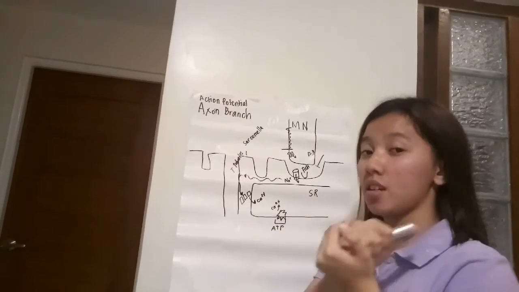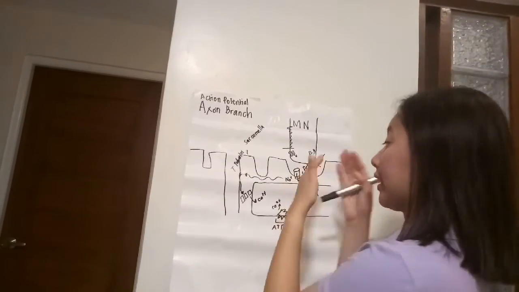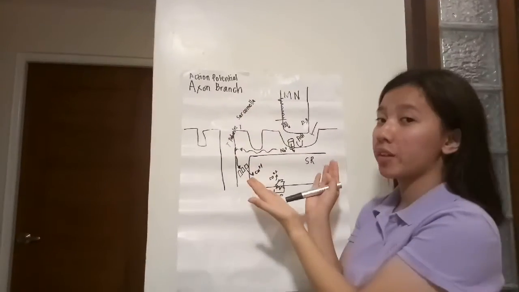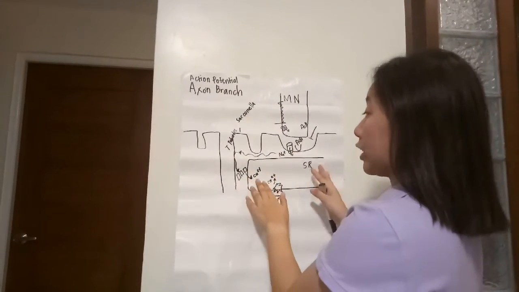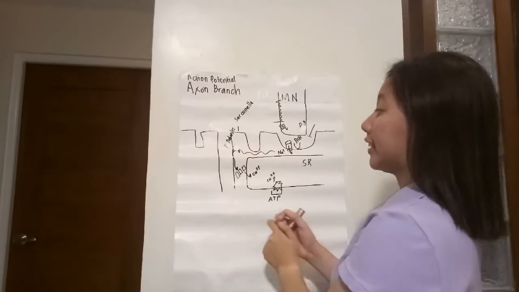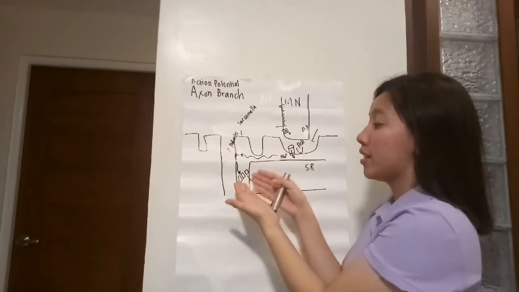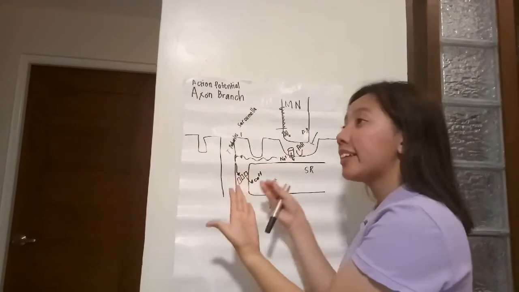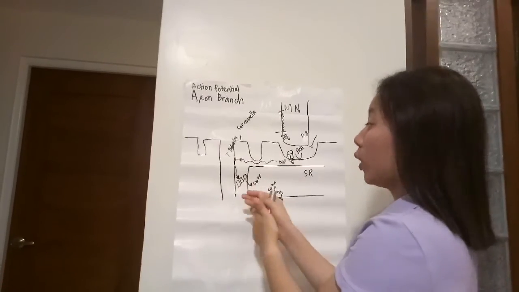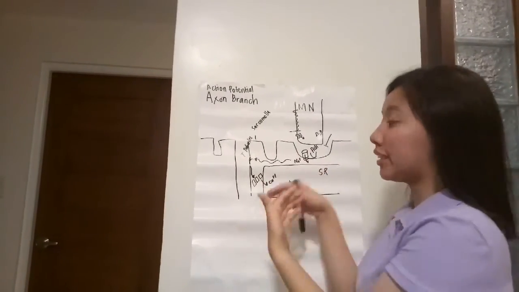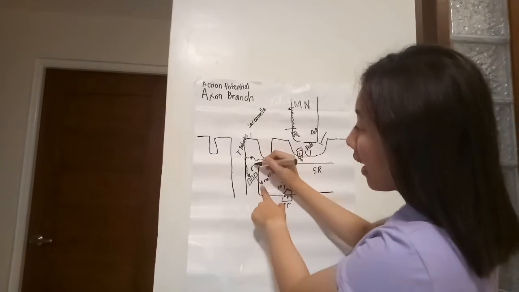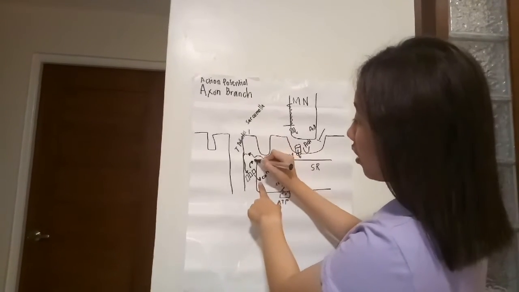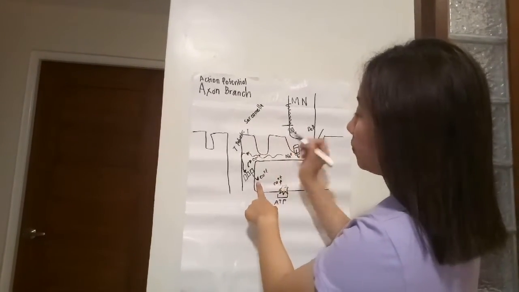The calcium pump is the active transporter of the calcium. Our sarcoplasmic reticulum is already filled with calcium. What will happen next is the open voltage-gated channel of calcium will then allow the release of calcium outside the sarcoplasmic reticulum.